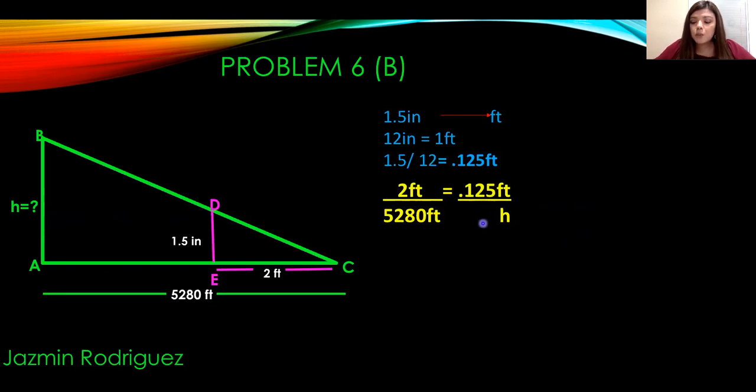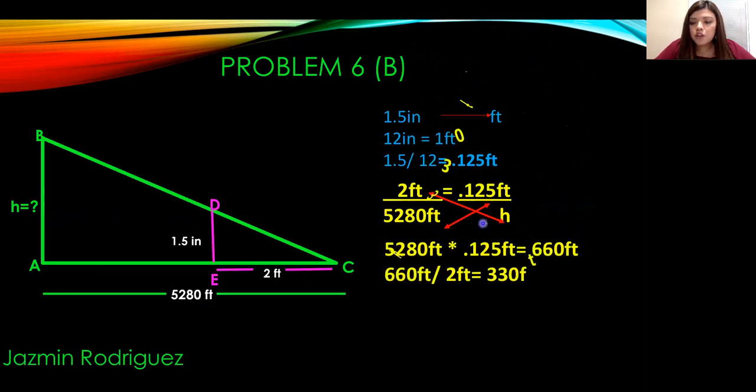So on our proportion, we do some cross multiplication, and we get that 5,280 feet times 0.125 feet is equal to 660 feet. And then we do 660 feet and divide it by the 2 feet. So we get 330 feet. So that means that H is 330 feet, correct?